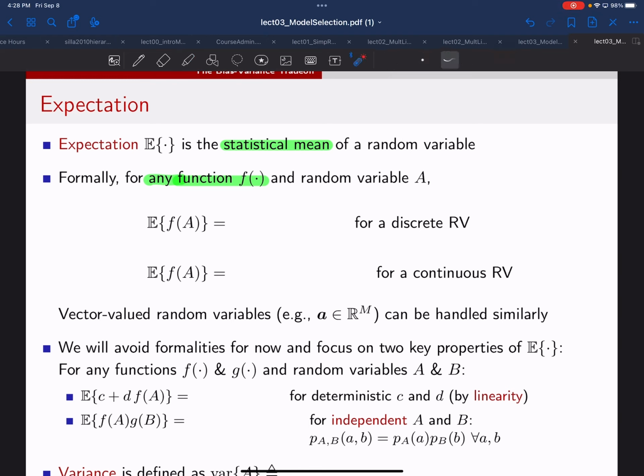The expectation of the function of A is an integral over the real line of f, and now I'm going to use a dummy variable little a for this integral, and I'm going to have the PDF. Sorry, this one is down here, the continuous one. Let me start with that since I've started already. So we have P of A dA.